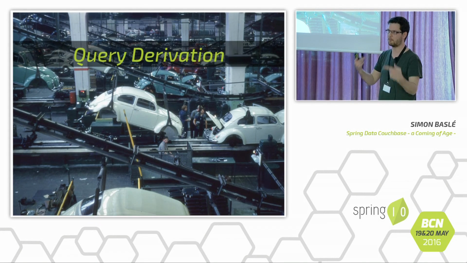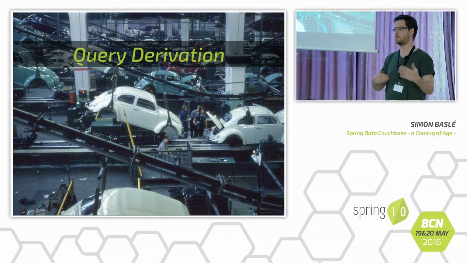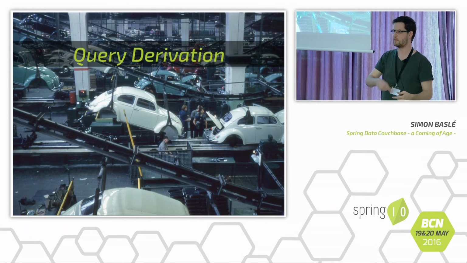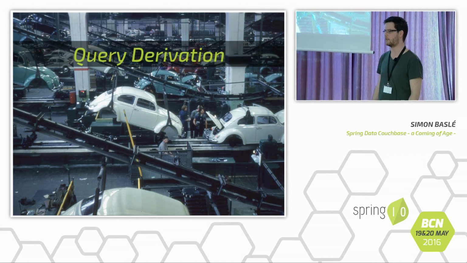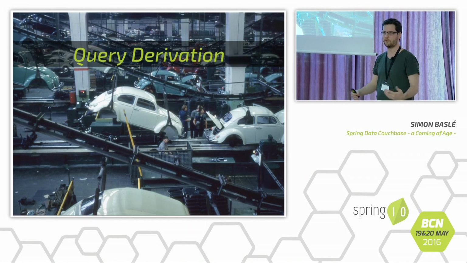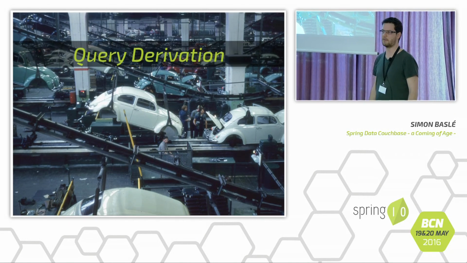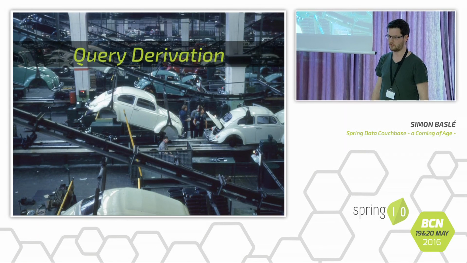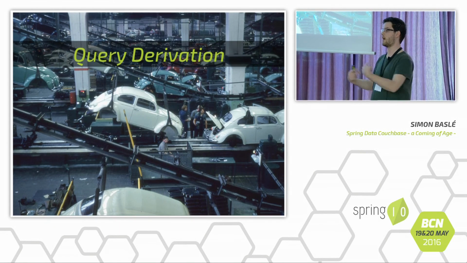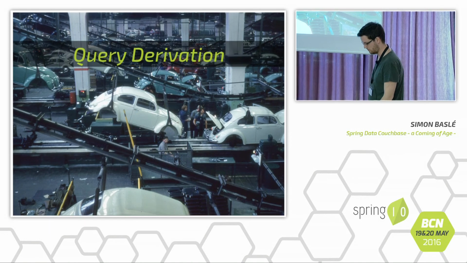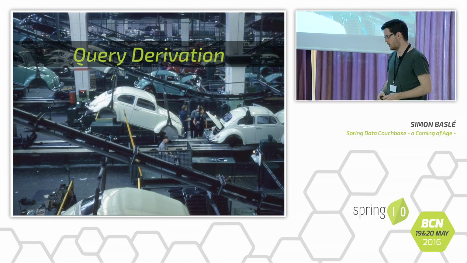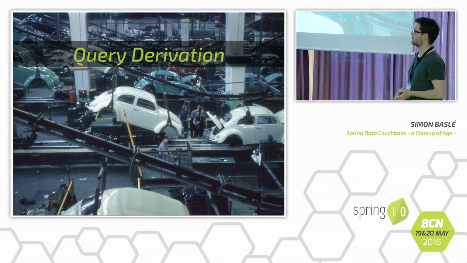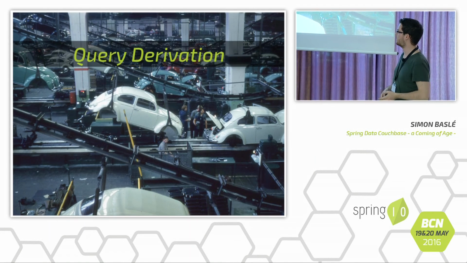So you have to think about how you will actually query your data. If you want to query by name, you have to create a view that emits the name of each document. And if you stop worrying about the name and instead want to do a surname search, you have to write a new view, basically. So query derivation is quite nice to have, and it was enabled thanks to Nickel.